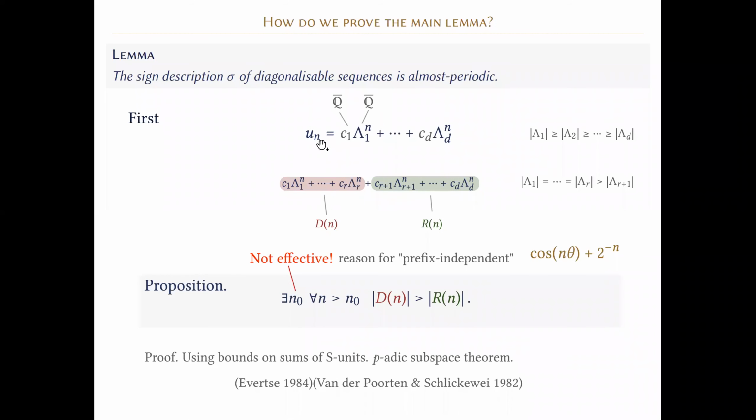Okay, so now that we know that to know the sign of a diagonalizable sequence, we need to look at only its dominant part, especially because we want to prove that the sign pattern is almost periodic, and for that it suffices to look at the sign pattern after this point n_0.